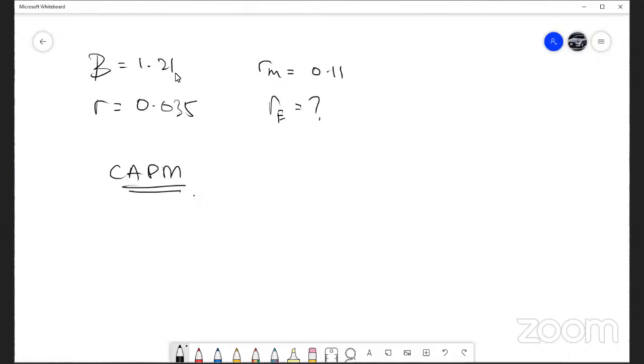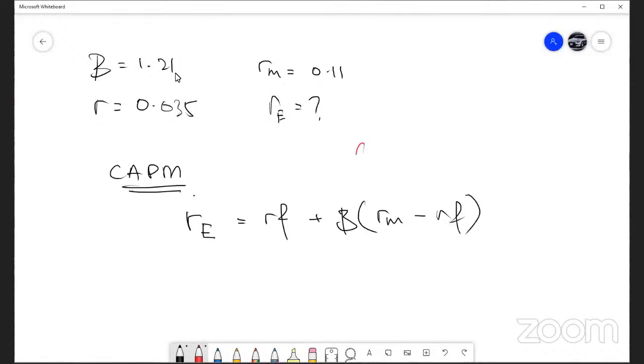So in CAPM, cost of equity equals risk-free plus beta times return on market minus risk-free. Okay, this is the formula.